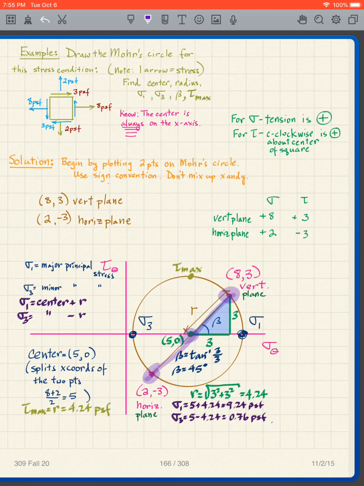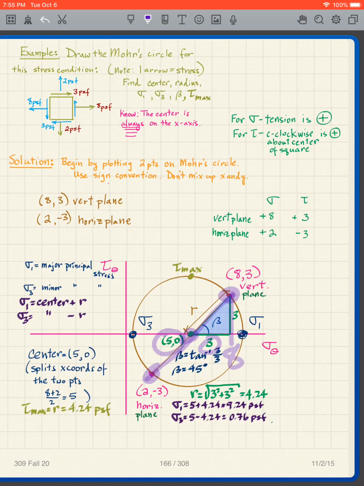Once I have that, I'm going to create this little triangle here, and I'm going to find the hypotenuse of that triangle, because the hypotenuse of that triangle is the radius. So if I know this is 5, and over here I'm at 8, well, that means that distance is 3.